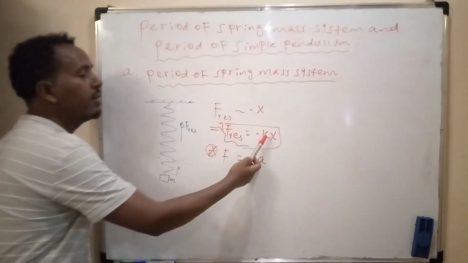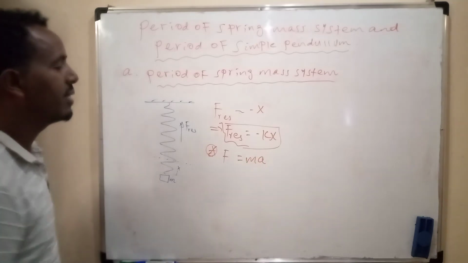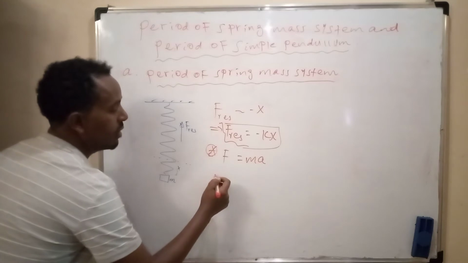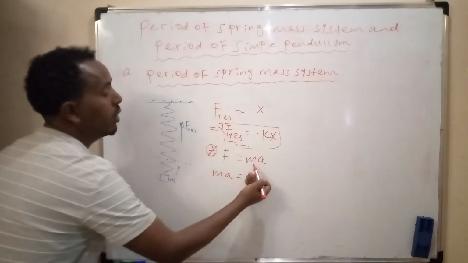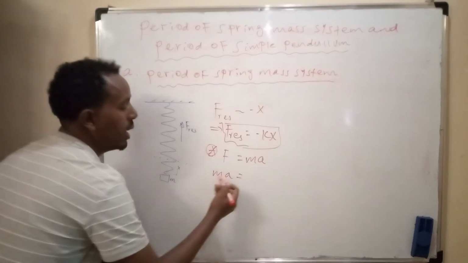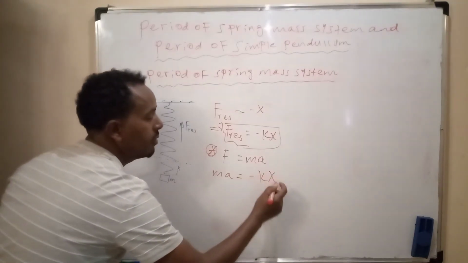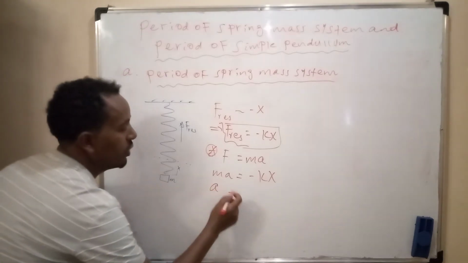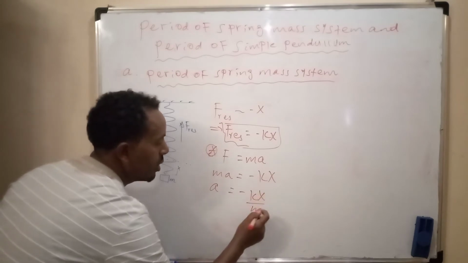Because of this, the restoring force is equal to mass times acceleration, ma. Combining these two equations, mass times acceleration is equal to minus k times x. From this, acceleration is equal to minus k times x over mass.